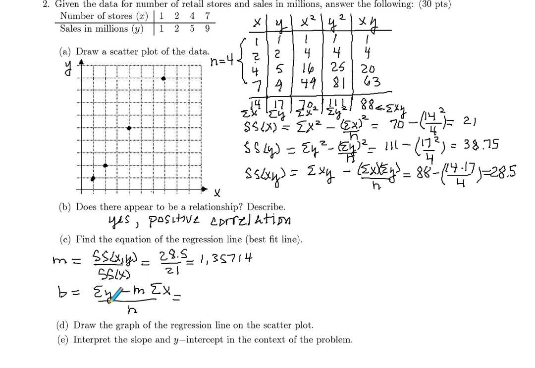So the sum of our y's, that's this column here, 17, minus m, that's this guy up here, 1.35714, times the sum of the x's, that's 14, and then all over n, which is 4. So when you key this in the calculator, either use parentheses for your whole numerator or do the numerator, get an answer, and then divide by 4.